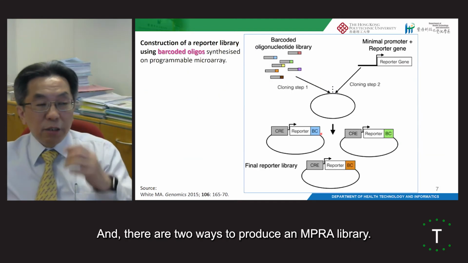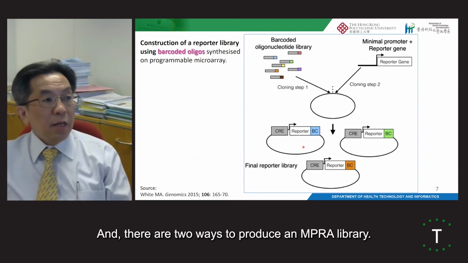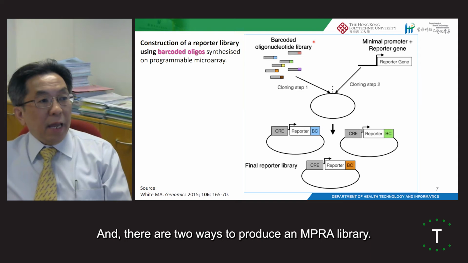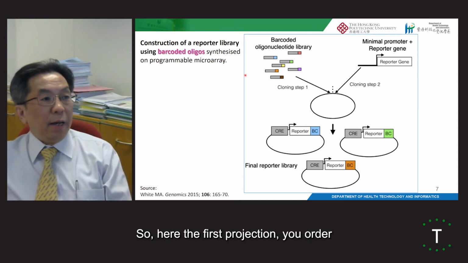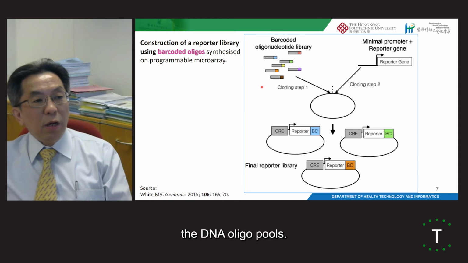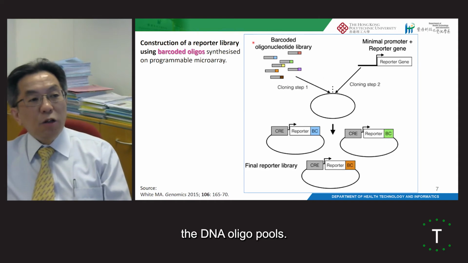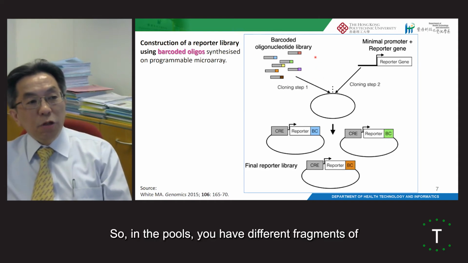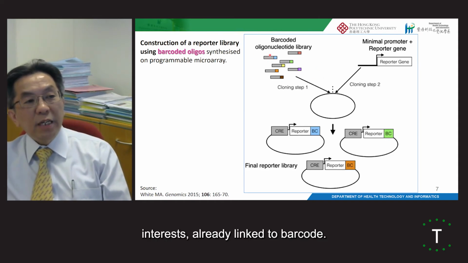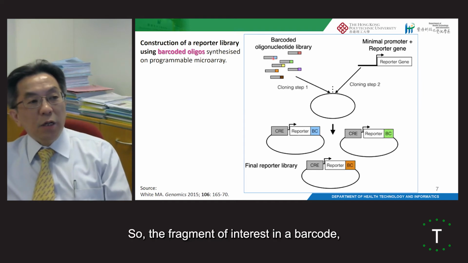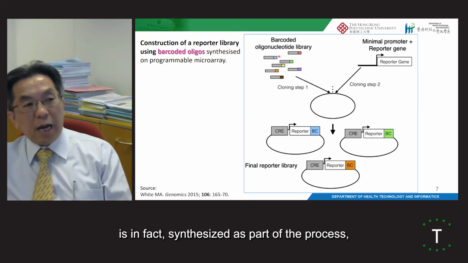And there are two ways to produce an MPRA library. Here you have the first approach. You order a DNA oligo pool. In the pool, you have the fragment of interest already linked to the barcode, so the fragment of interest and the barcode are synthesized as part of the process.